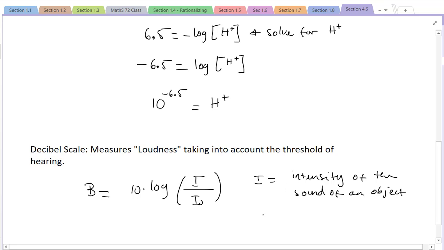And I naught, I sub 0, is the reference intensity of a barely audible sound. So this is kind of like your sound of reference.